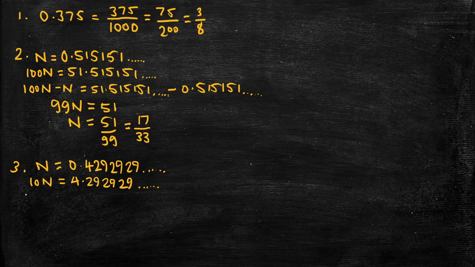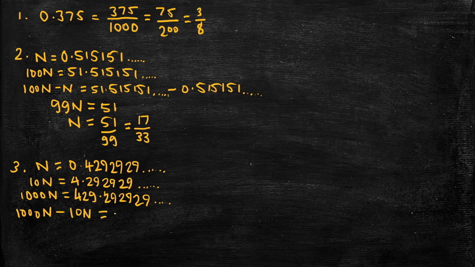To move it 3 places, I need to multiply by 1,000. So now if I multiply by 1,000, I'm going to have 429.292929 and so on.